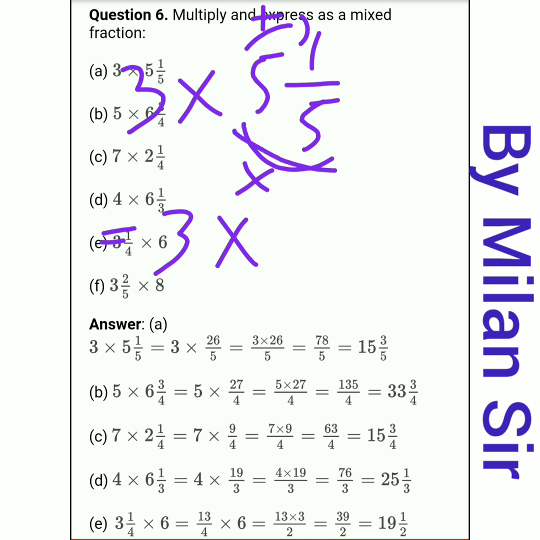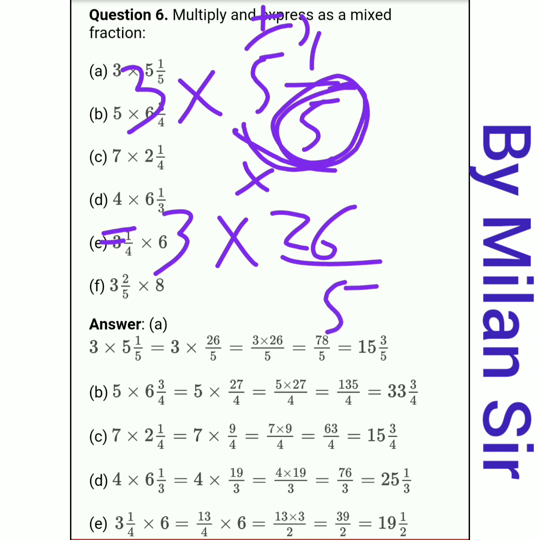So 5 5s are 25 plus numerator 1. So 25 plus 1, it is 26. Divided by 5 as it is, means whatever denominator we have in mixed fraction, same denominator we need to put in our improper fraction. So here divide by 5, same thing.